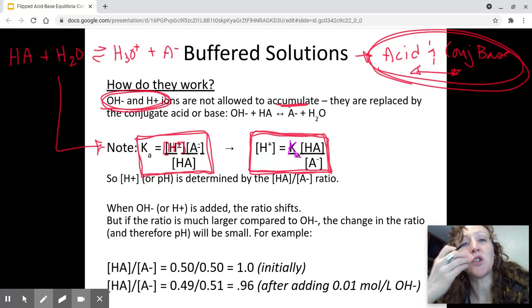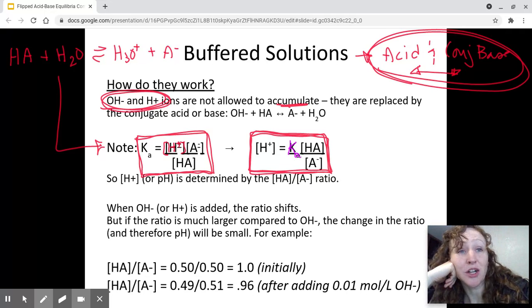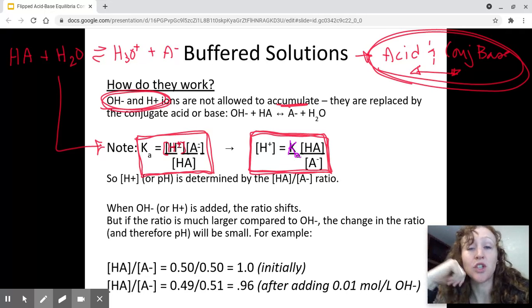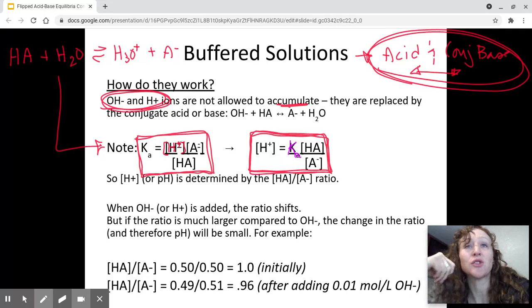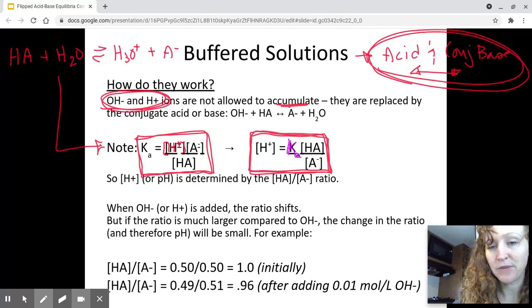So if I asked you as chemists what determines the pH of a solution, one of the things you should tell me is acid strength. The strength of an acid plays into the pH of a solution. If I have equal molar solutions of hydrochloric acid versus acetic acid, the hydrochloric acid is going to be at a lower pH because it's a stronger acid. Acid strength will play into the pH measurement of a solution.